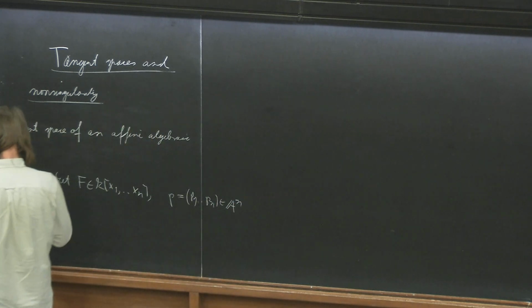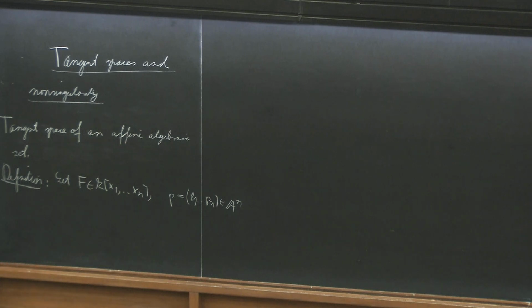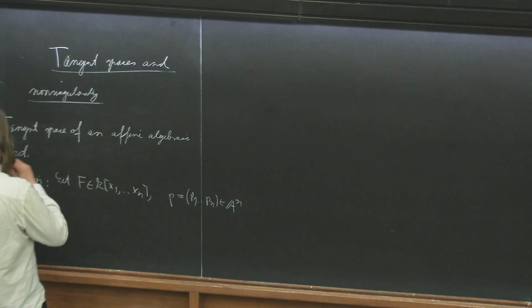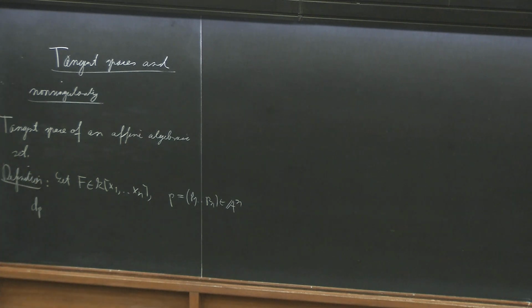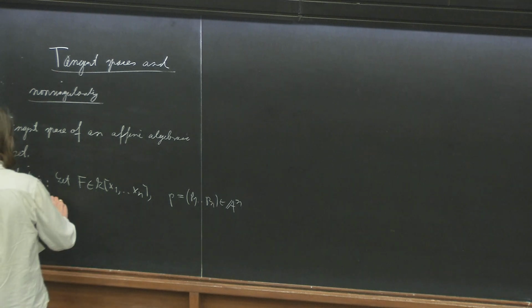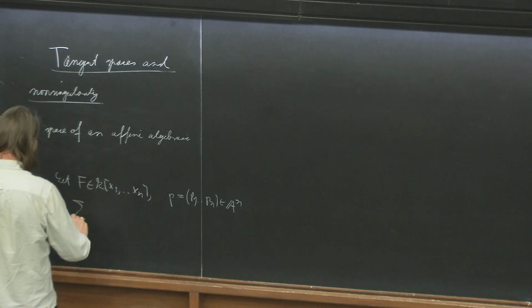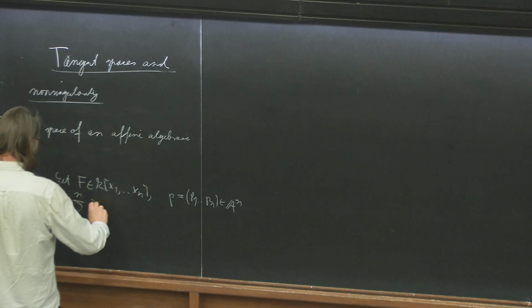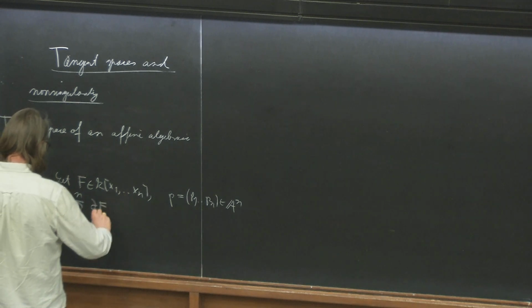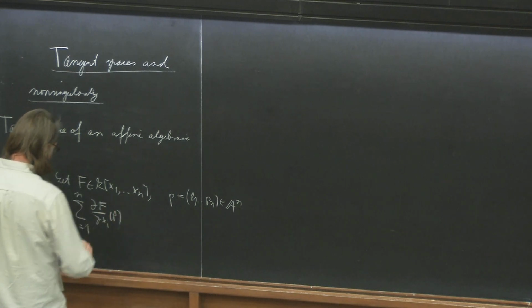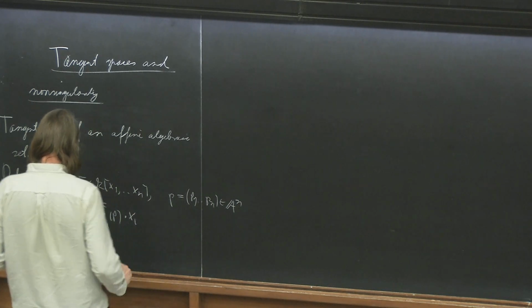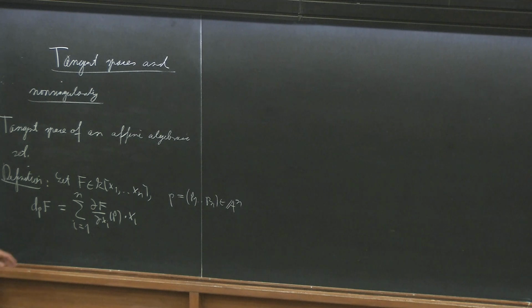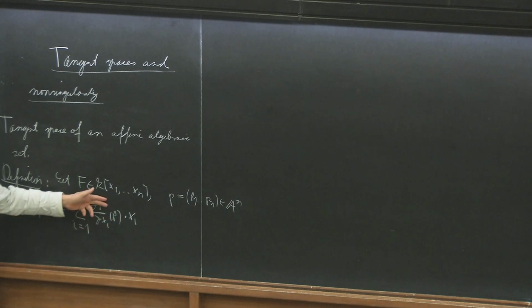Then the differential of f at p is defined in the usual way of whatever differentiality. So d_p f is equal to the sum of the partial derivatives of f by dx_i at p times x_i. As you see, this is a linear function, a polynomial of degree 1. If you put this in, this is just a number.